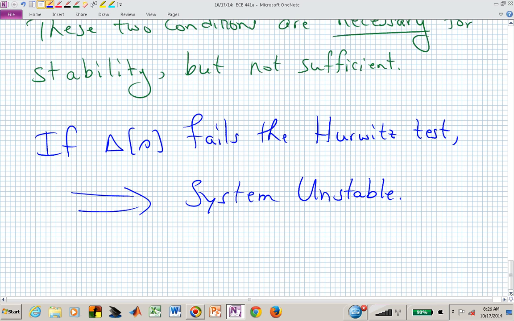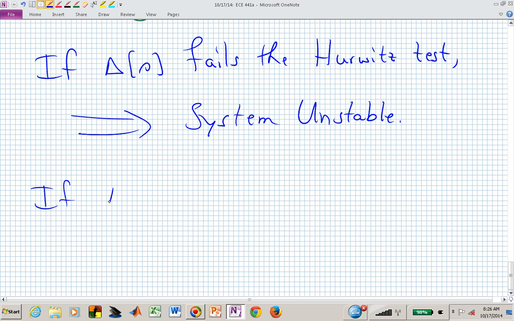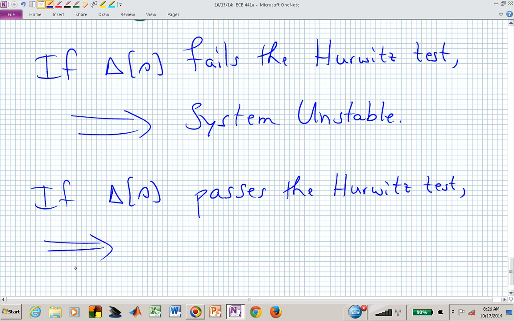However, if this polynomial passes the Hurwitz test, that means all of the coefficients are there, they're all positive. What can you conclude? Nothing yet. So we need more information.